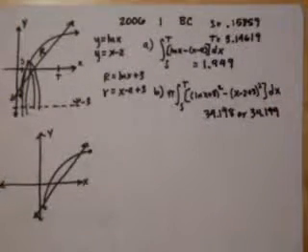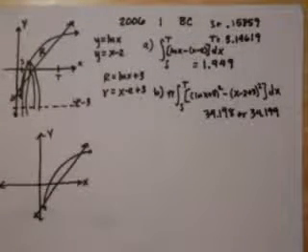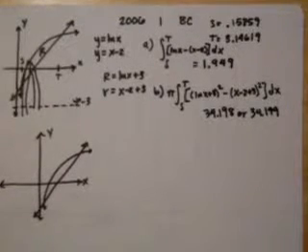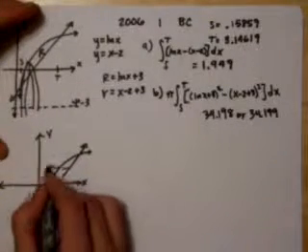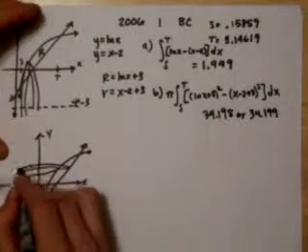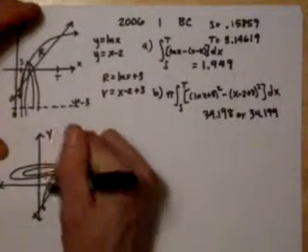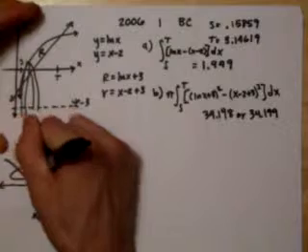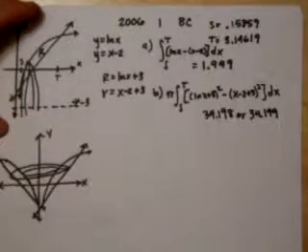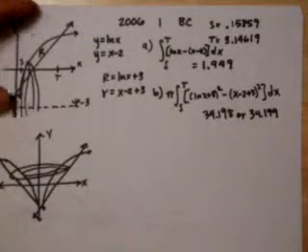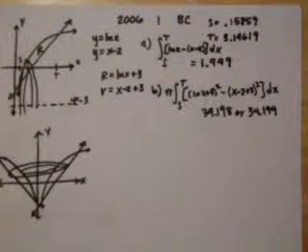Now the last part, C, says write but do not evaluate an integral expression that can be used to find the volume of the solid generated when R is rotated about the y-axis. So essentially when I have this rotated over here, I have this kind of a shape going on. Washers again. Now we're integrating with respect to y.